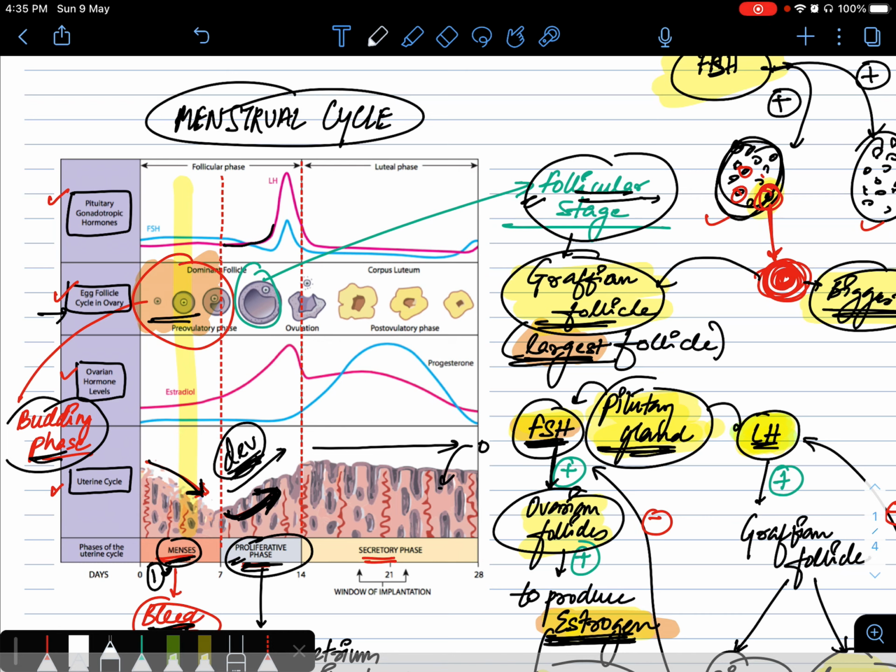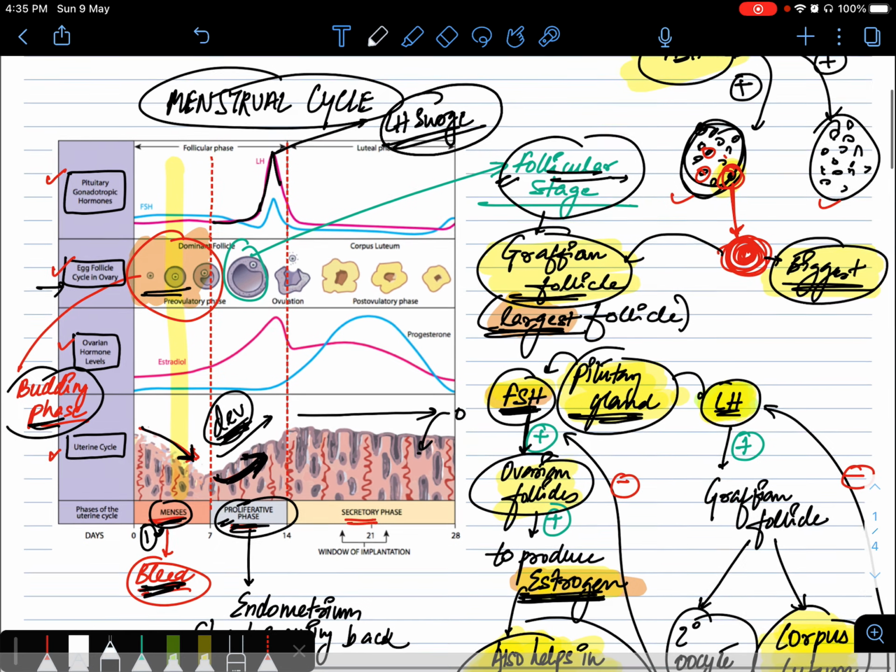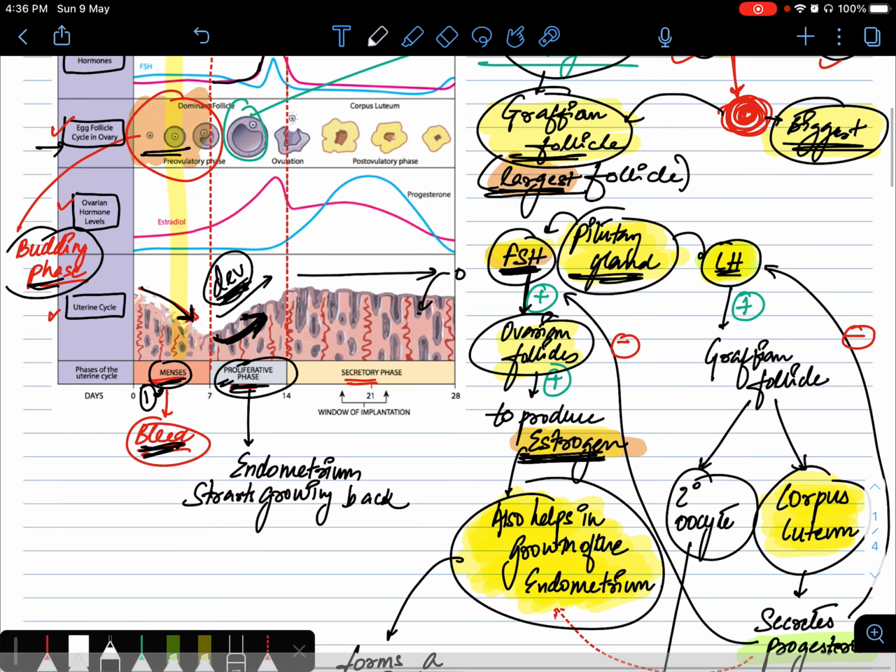It's increasing, and when it reaches a peak like this, the peak is called the LH surge. There is a sudden rise of LH.